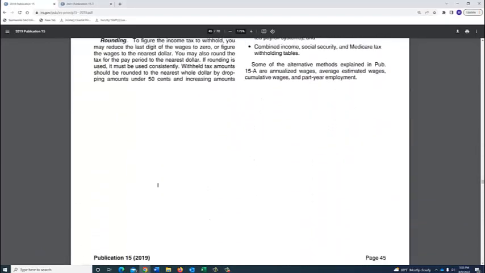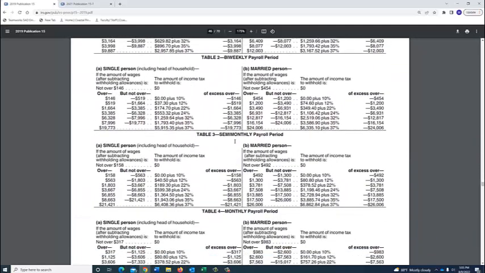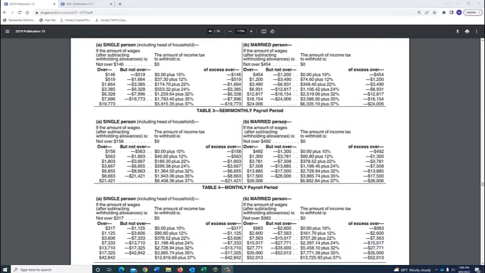Okay, let's scroll down to the tables now, and we need to find semi-monthly and go over to the married side. We know that her earnings were $1,474, so that falls between the $1,300 and the $3,781. So we are going to take the $1,474 and subtract out this first number, the $1,300, to get the excess over the $1,300.